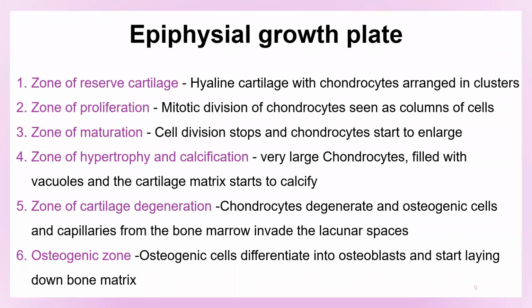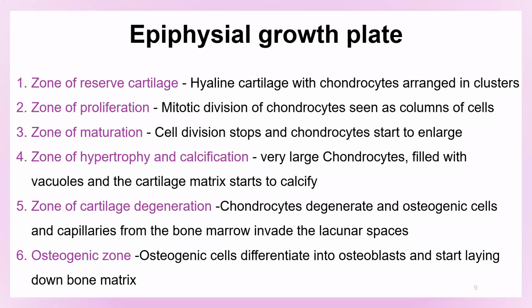And then maturation, where cell division stops and the chondrocytes start to enlarge and mature. Then the zone of hypertrophy and calcification where large chondrocytes are there and their cytoplasm gets filled with vacuoles of water. And surrounding that, the cartilage starts to calcify.